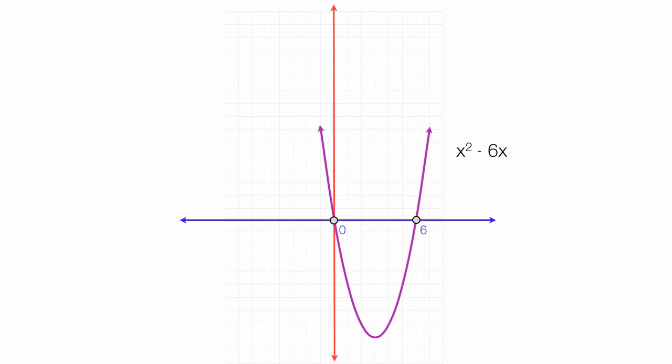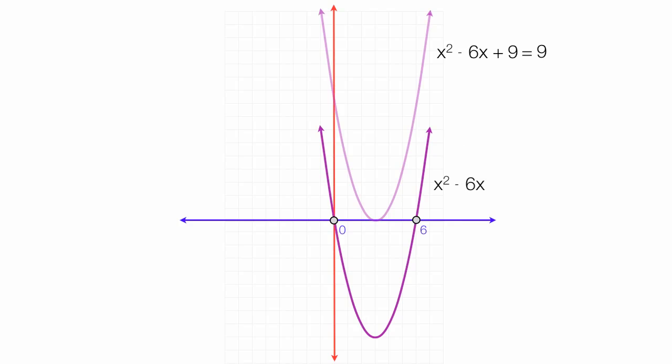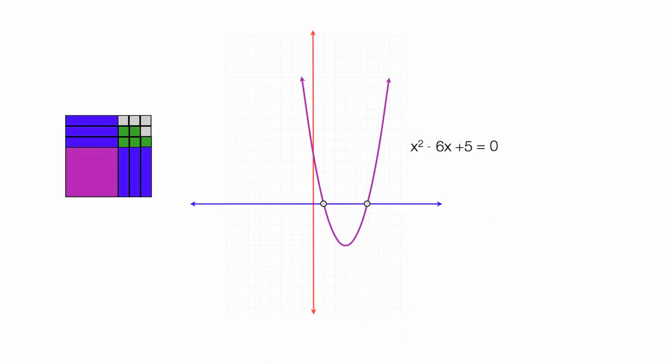When I completed the square, I came up with a new equation, which is x squared minus 6x plus 9 is equal to 9. And the solutions for both these equations, the x values, are the same. So I'm always trying to find x.